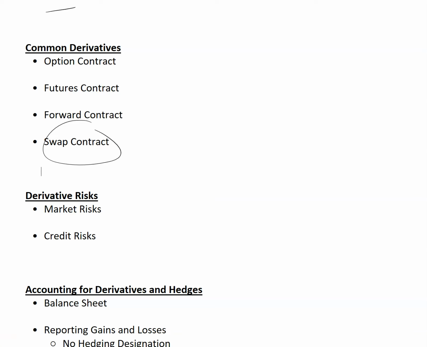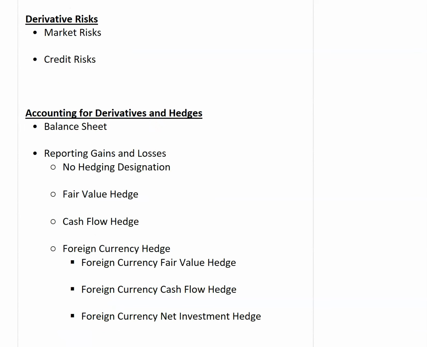And then we will learn about derivative risk. There are two types of risks involved in a derivative contract. One is the market risk. Market risk is the risk that you may face a loss on the derivative contract because of the movement of the price of a stock, or changes in the price of a commodity, or fluctuations of interest rate or currency exchange rate.